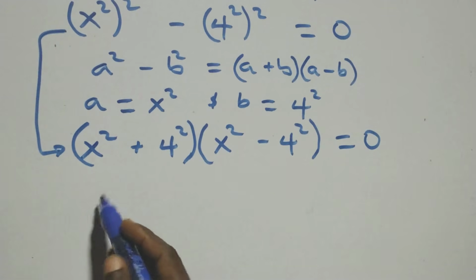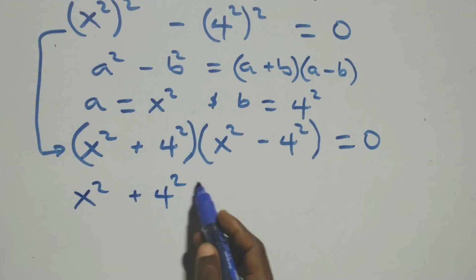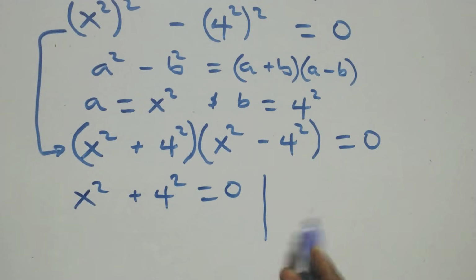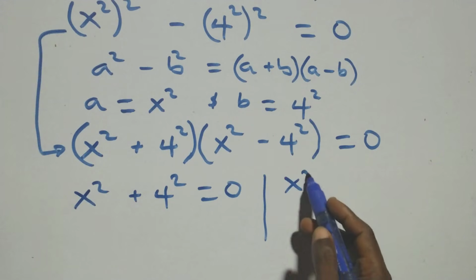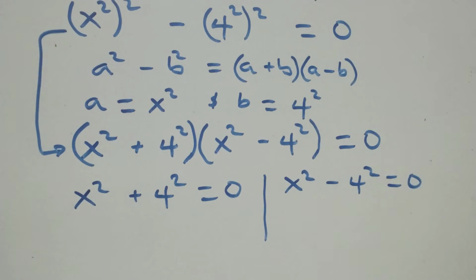That is, we have two possible cases here. First one, x square plus 4 square equals to 0, or we have x square minus 4 square equals to 0 here.